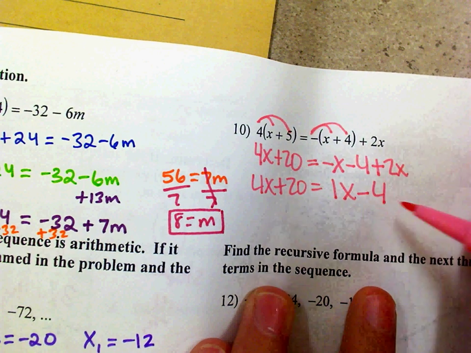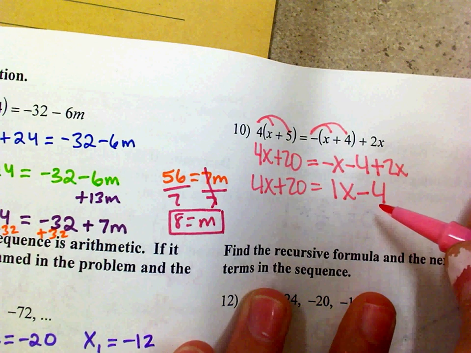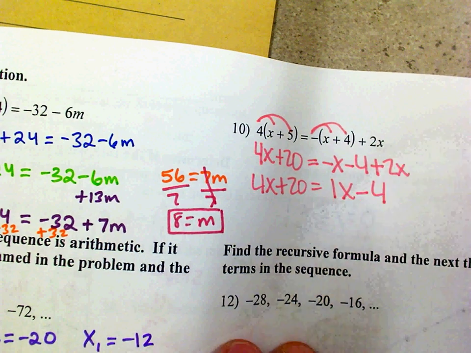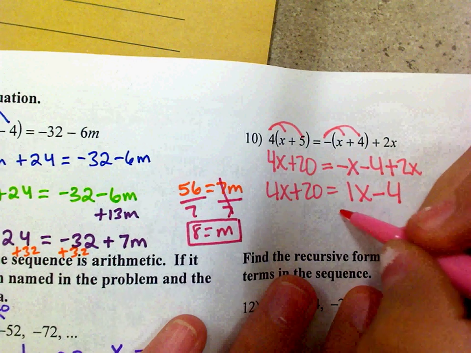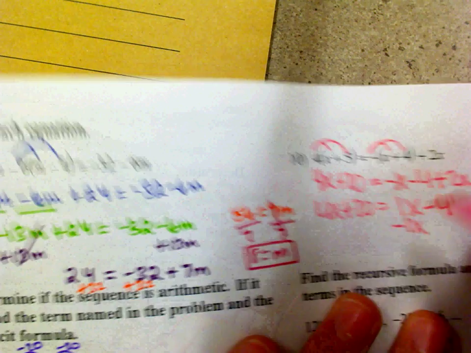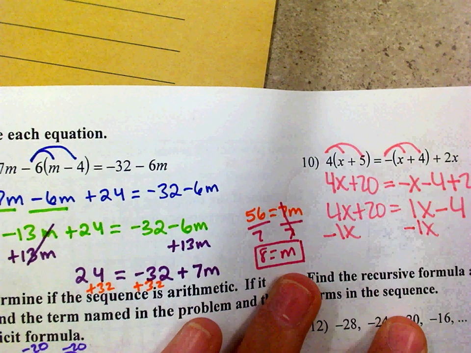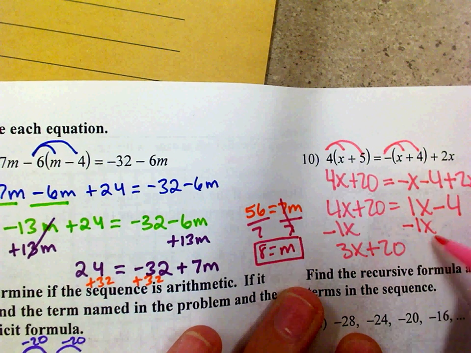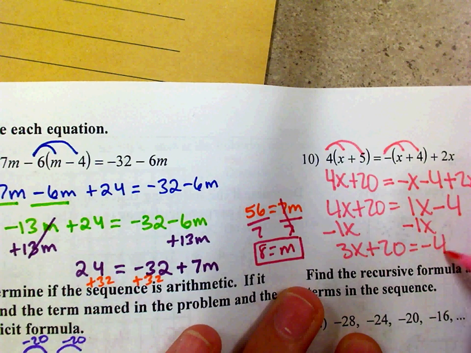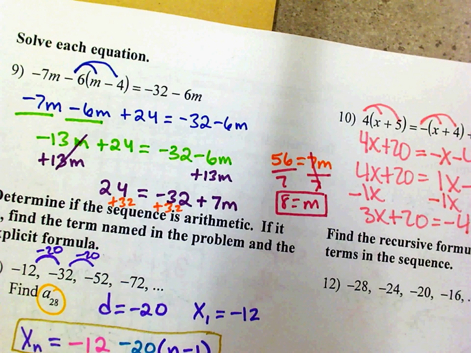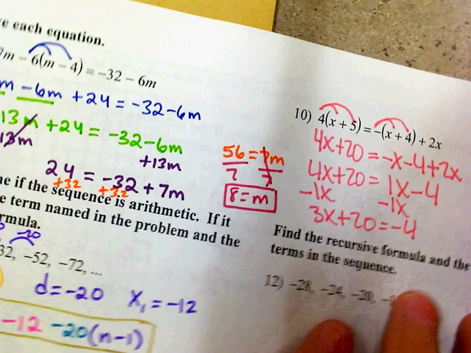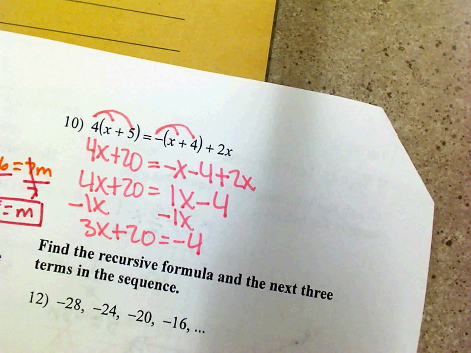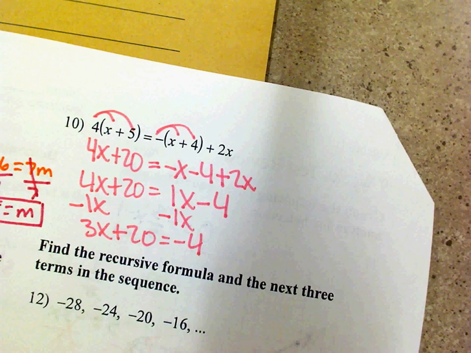Do you subtract the 1x first? Let's get the x's together. Do I care about the order that you moved? I don't. I like to go with the variables first, but it's up to you. So 3x plus 20 plus negative 4 because the 1x is canceled out, right? Okay. You just write it again. Here we go. Yeah, that's so much better. Okay.